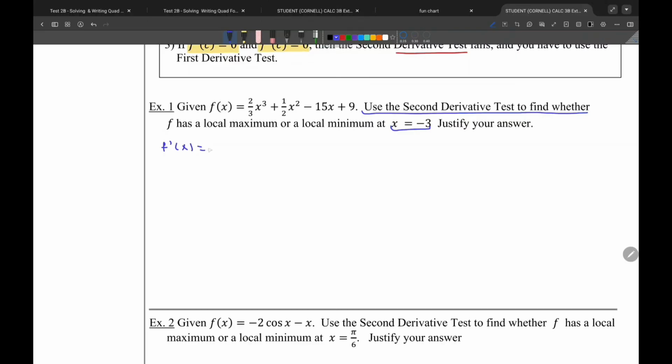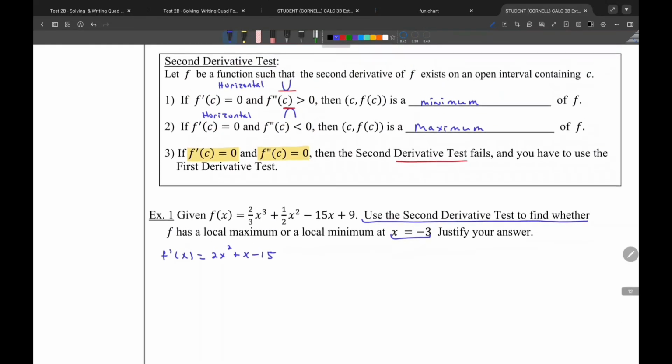So f prime of x is equal to, let's just do this pretty quickly, 2x squared plus x minus 15. And what we're doing here with this c value, now look back at our definition, we're evaluating that first derivative at whatever that x coordinate is.